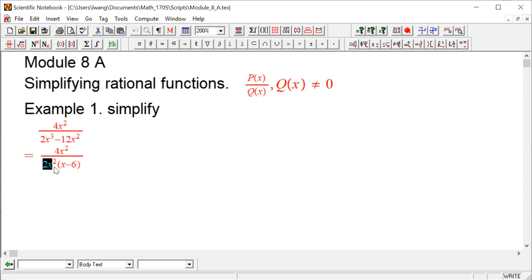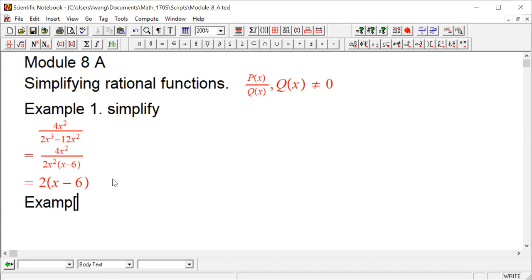You can check by going backward. 2x squared times x is 2x to the power of 3, and 2x squared times 6 is negative 12x squared, so this is a proper factoring. Then we reduce the x squares on top and bottom, and 4 and 2 reduce. In the end, we get 2 over x minus 6. This is an example of simplifying a rational function.